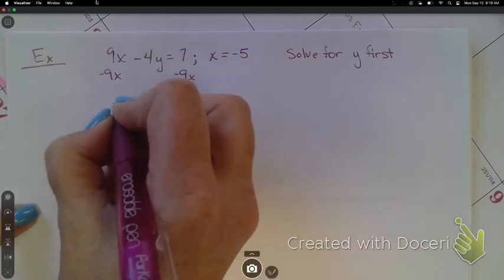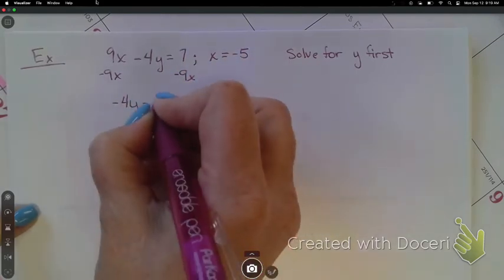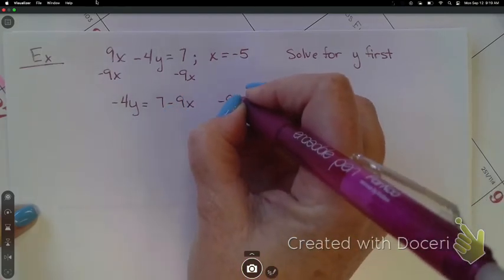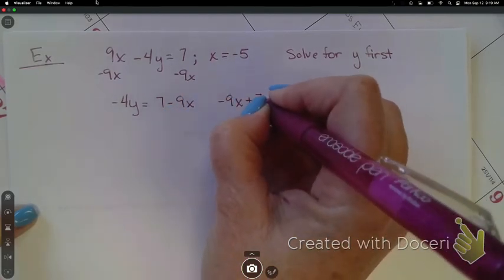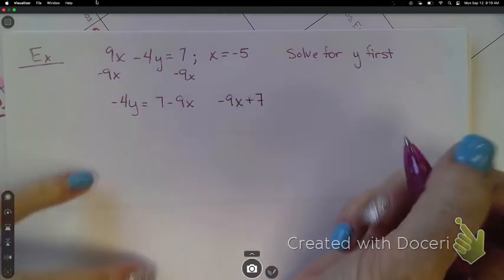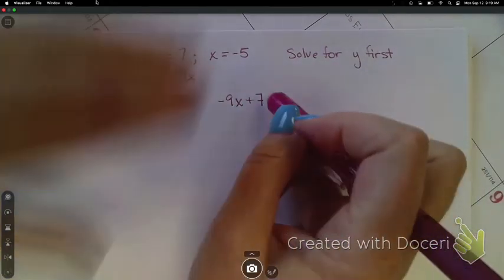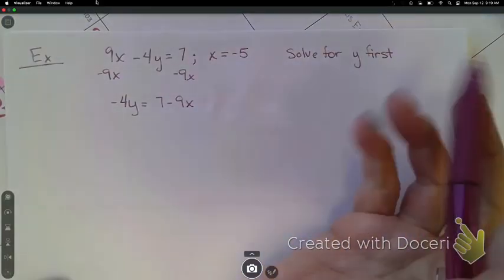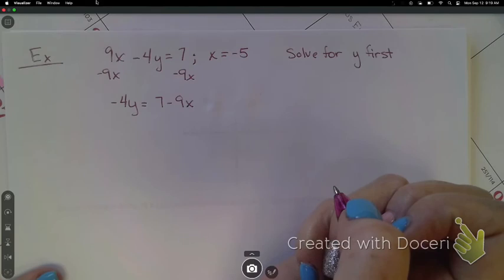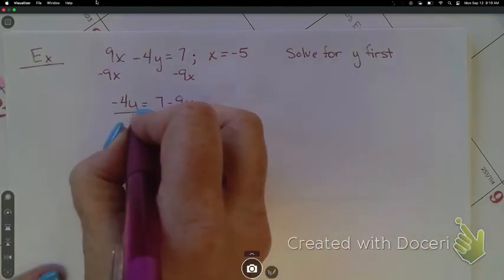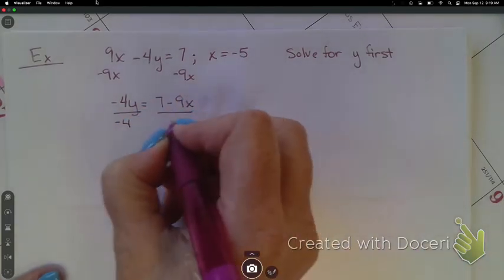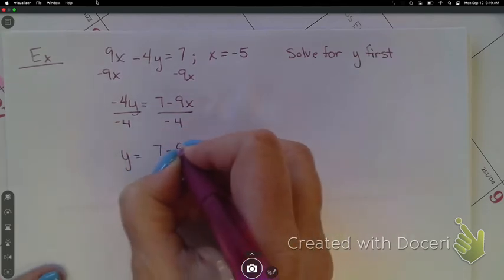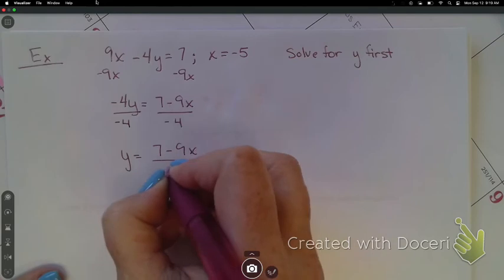So I have negative 4y equals 7 minus 9x. Could I write it 9x plus 7? Either way, you're going to have to put parentheses. Now you have to divide everything by negative 4. So y equals 7 minus 9x divided by negative 4.